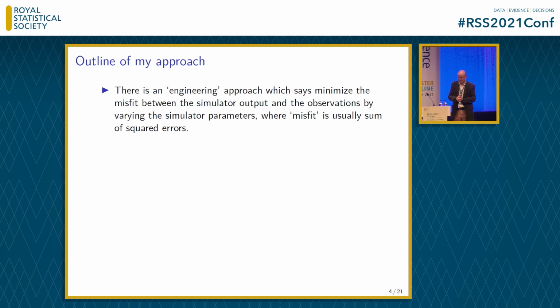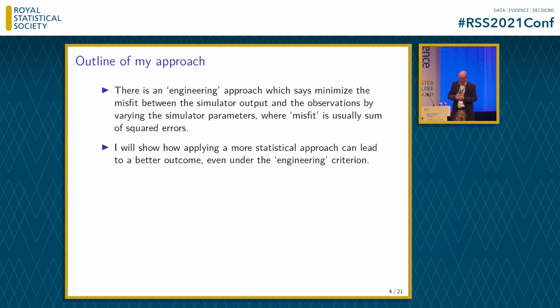It happens almost everywhere. Now, what I want to talk about is how we as statisticians can add value to that approach. I'm not talking about a radical reinvention of the procedure that currently happens. I'm talking about taking the current procedure and adding value to it, making it a bit better, but not in such a way that you move entirely beyond the realm of what people were previously doing.